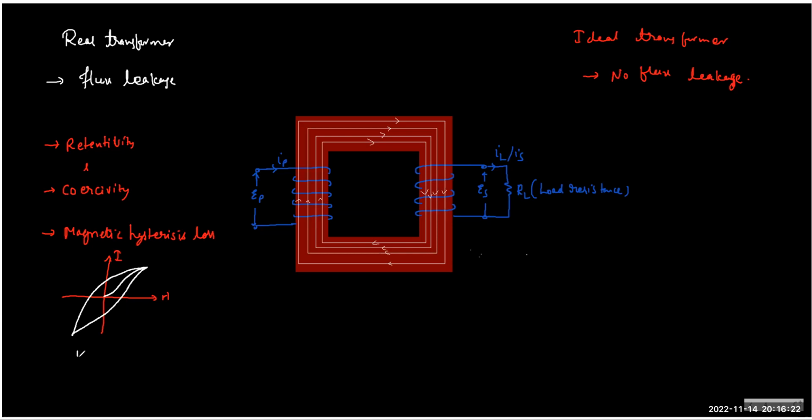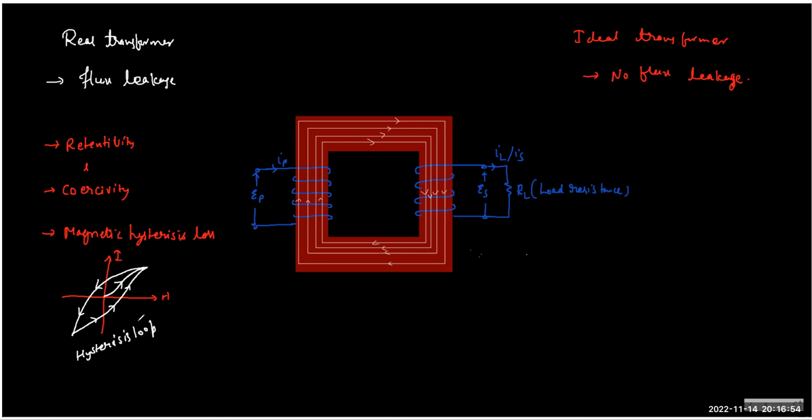This is called the hysteresis loop. The arrow is the direction of changes, and the area under the loop will give you the loss of energy per unit volume. So it's called the energy density actually of loss.